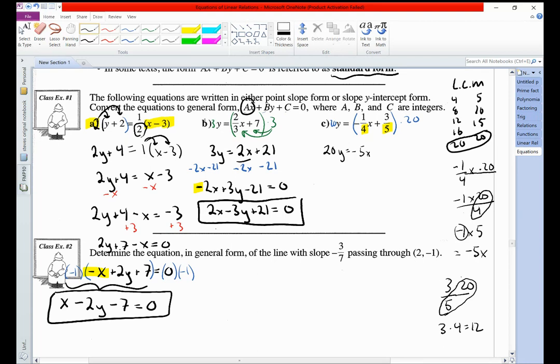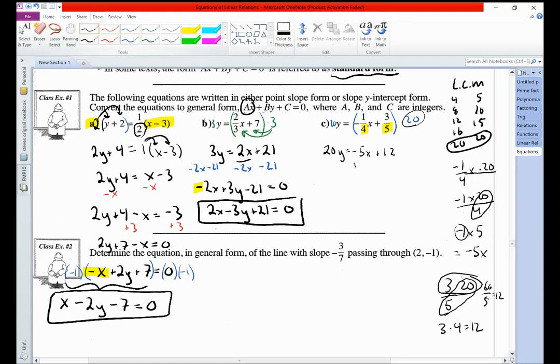If you really wanted, you could go 3 multiplied by 20 is 60 divided by 5, and that gives us 12. So then we say plus 12. By multiplying everything by the lowest common multiple, we have converted both fractions into whole numbers, which is great. And now we just need to move everything to the other side.